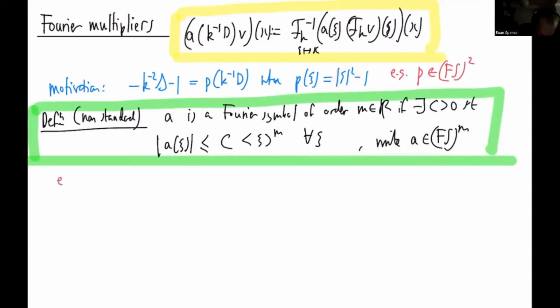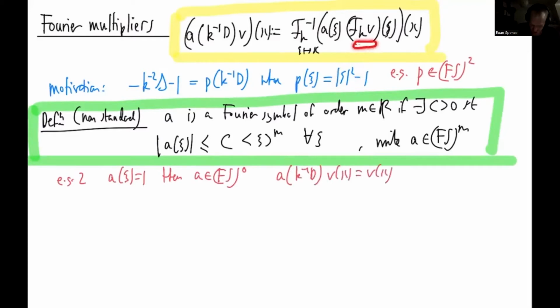Example number two: if a of psi is 1, then a is a Fourier symbol of order 0, and a(k^{-1}D), this Fourier multiplier, is just the identity, because I go to the Fourier world, multiply by 1, and Fourier transform back, so I end up with the same function.